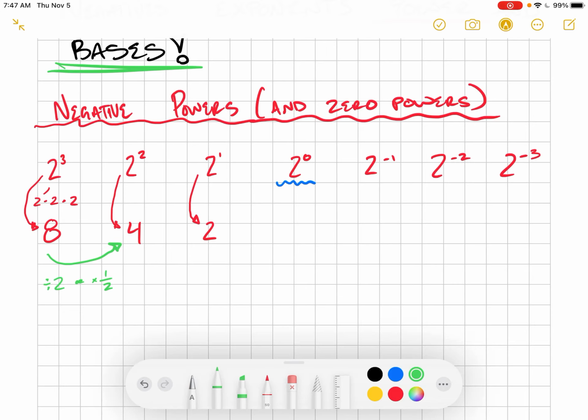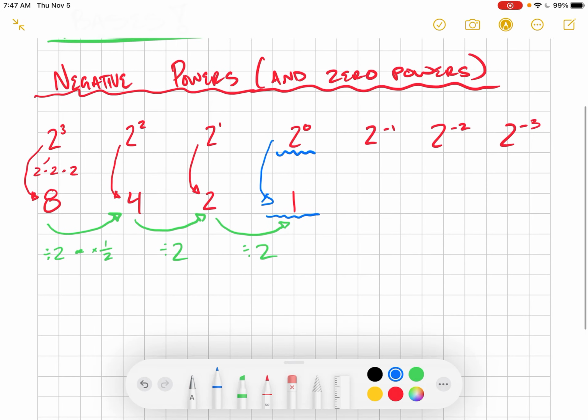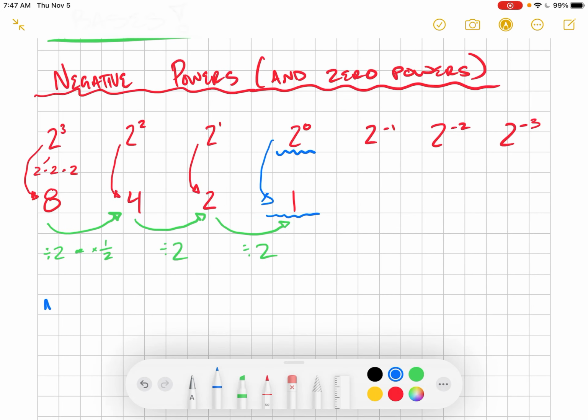So here we're going from 4 down to 2. So again, we divided by 2. So then what's the next logical step in this pattern if we're following a sequence here? It would be to divide by 2. Well, 2 divided by 2 is 1. So look at that. 2 to the 0 power is, in fact, 1. Okay? And I'll give you a pro tip right now.